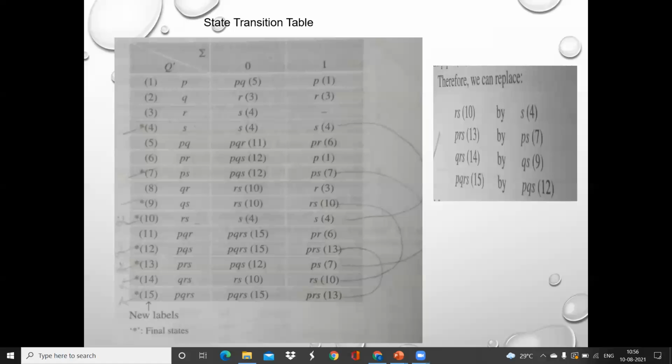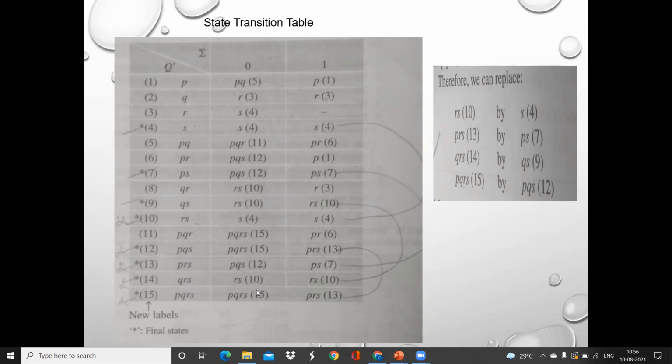Next, state number 9 and state number 14. Here their transitions are the same, and if you check their type, both are final states. Then check state number 12 and 15.